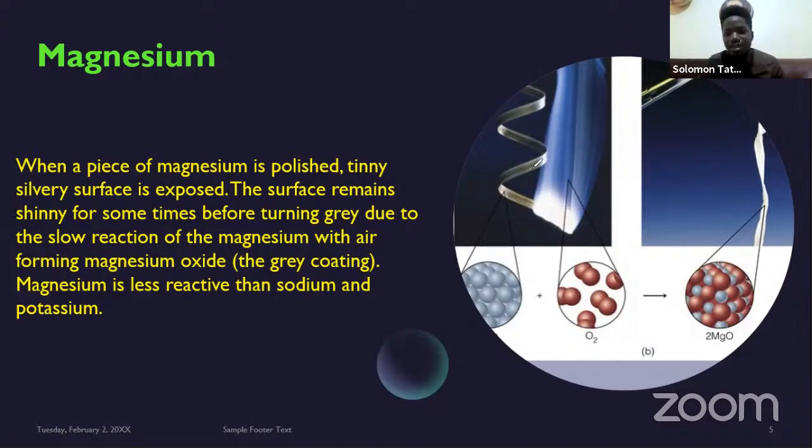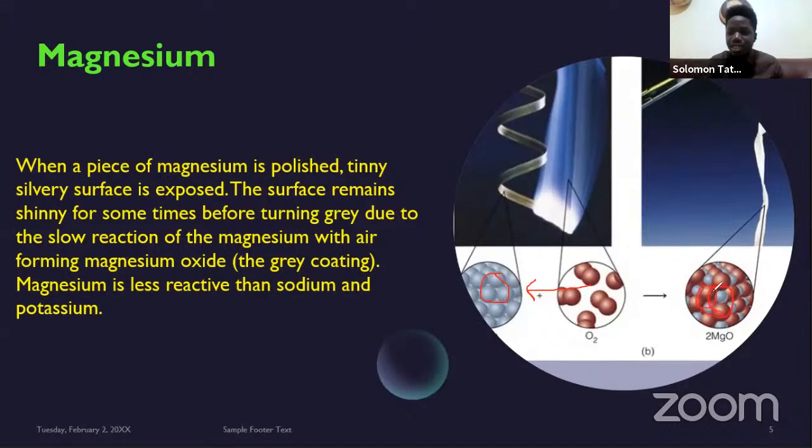I have an example here. This one involves a little bit of burning magnesium, but it will take us to the point. When magnesium is new, not yet exposed to air, it is very shiny and well polished. But once it is exposed, it reacts with the oxygen atoms in the air, and then it forms an oxide.